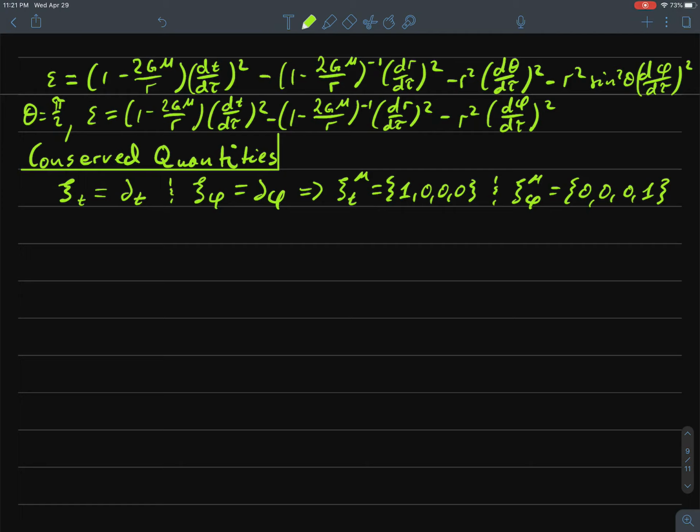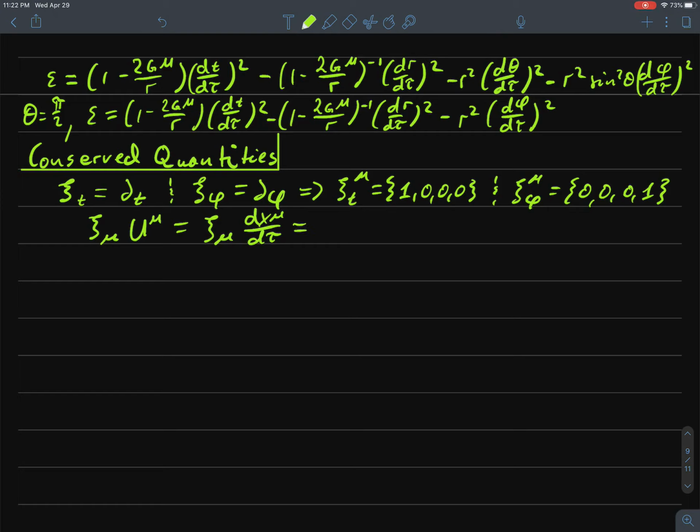So those are my 2 Killing vectors, and what I would like to do is construct the conserved quantities. The conserved quantities come from Noether's theorem, and they're given to us by the inner product of the Killing vector and the 4-velocity, which looks like this. So it's the inner product, like I said, of the Killing vector and the 4-velocity.